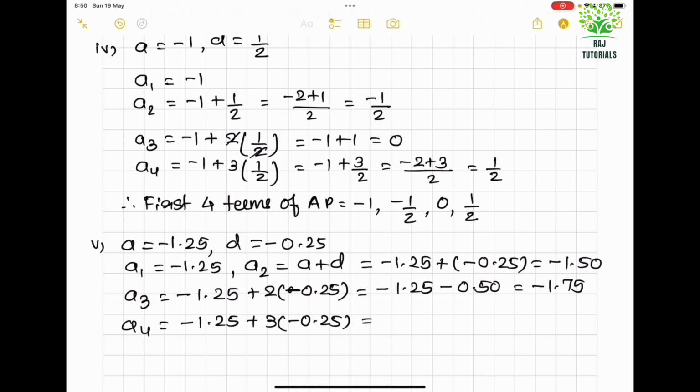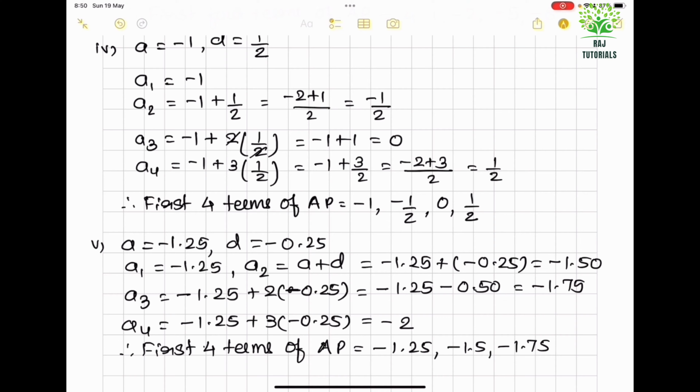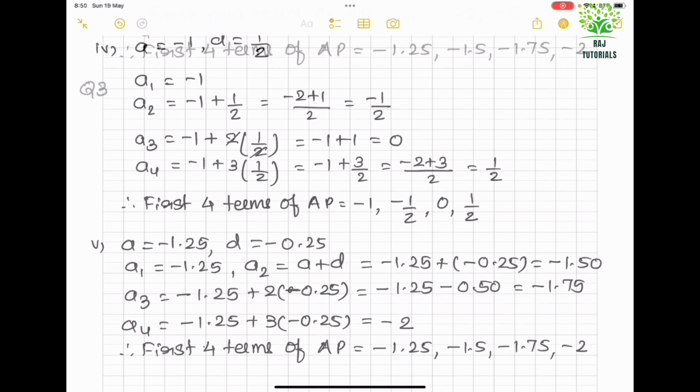So that will come to minus 2. Therefore, first 4 terms of AP are minus 1.25, minus 1.5, minus 1.75, minus 2.